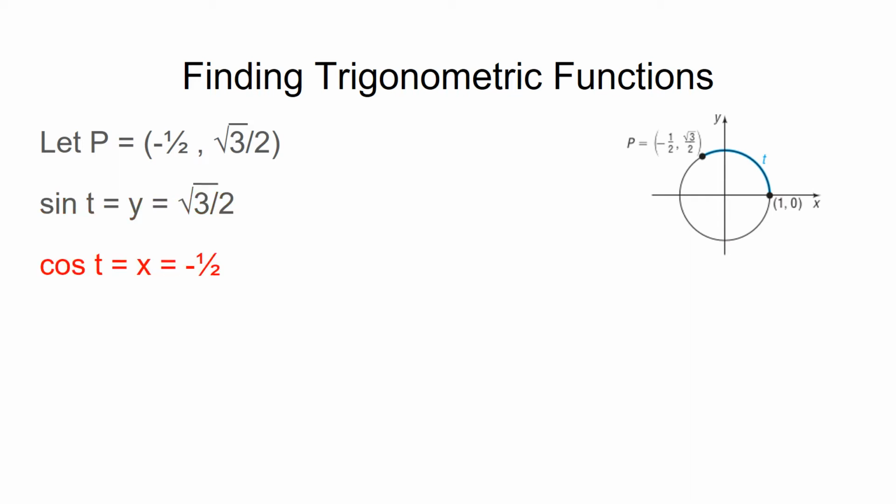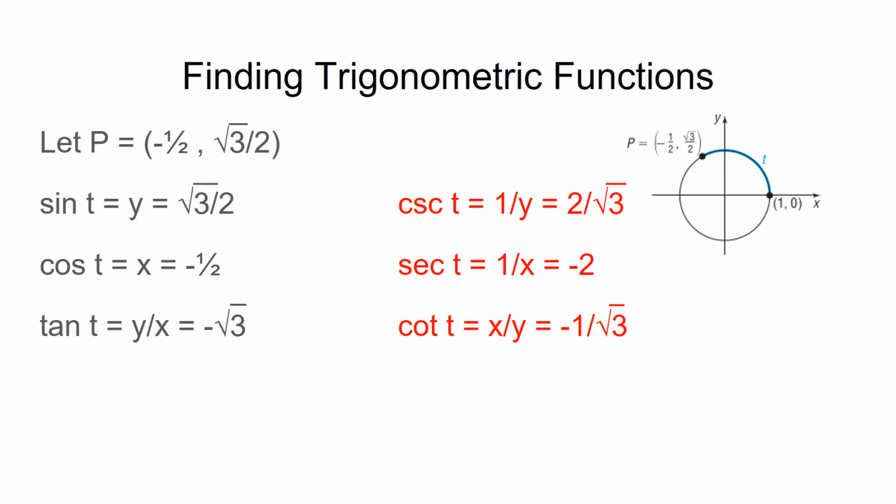And the cosine of t is equal to x, which here is going to equal minus 1/2. And the tangent of t is the ratio of y to x, and that, in this case, is going to be negative the square root of 3. The cosecant, secant, and cotangent of t are the reciprocals of these functions, respectively.